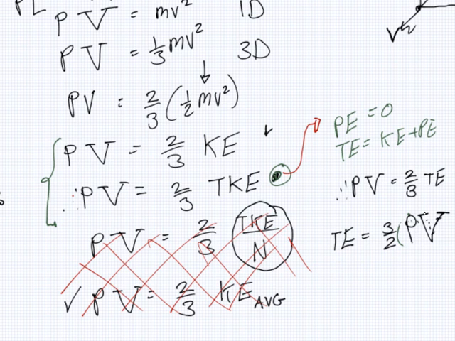I made the same mistake last time I did this. Just not learning. Okay. Oh, thank you. It's kind. So this is the result I wanted. Total energy is 3 over 2 PV. That's the result.